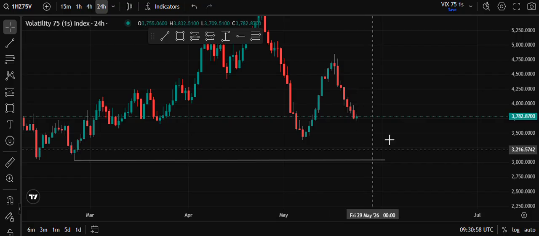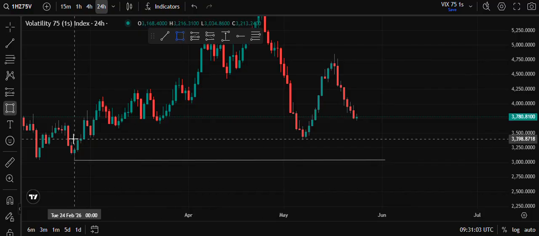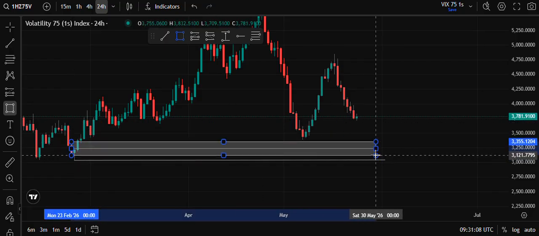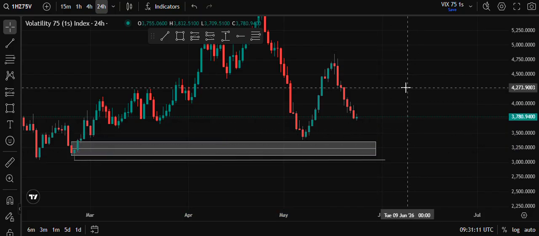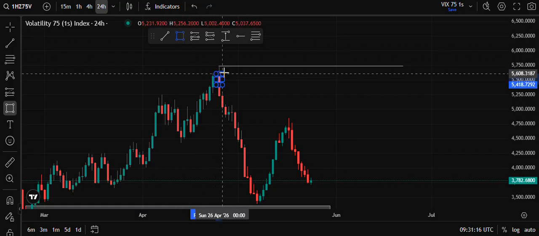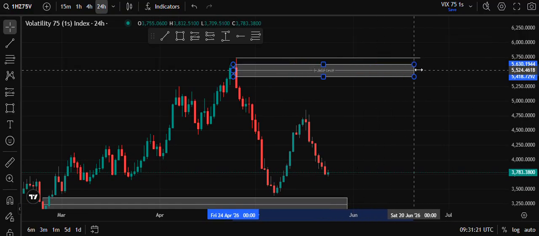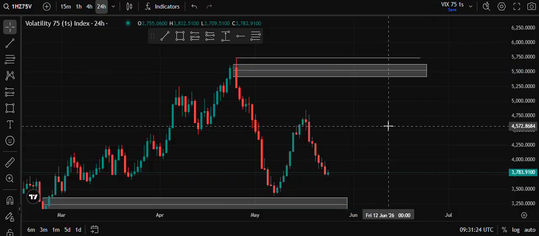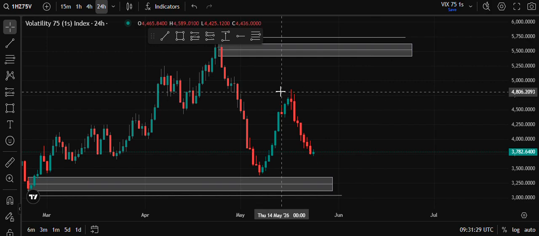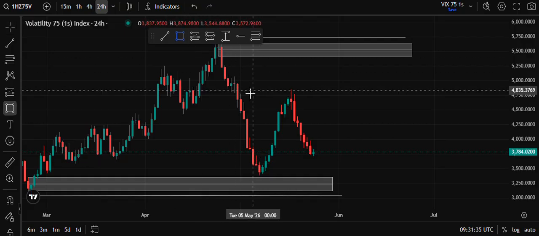Looks like it wants to get up to here before it moves down, but that's not sure. These are other blocks on the daily. Then we'll go to the 4 hours, and the 4 hours will probably be concentrating on this and this. Then we have this still on the daily.